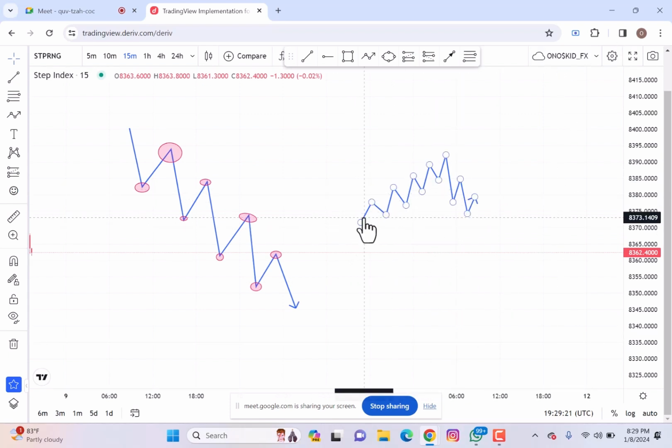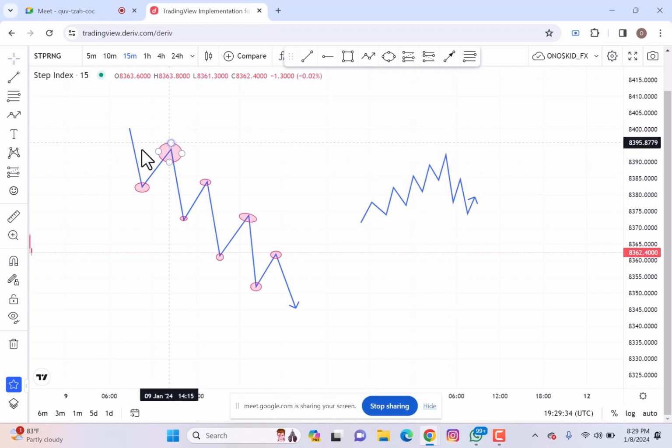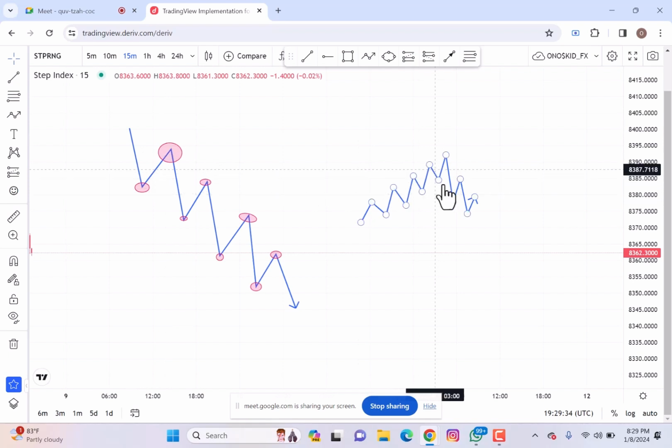So you see the market creating a series of a low, a high, a higher low, higher high, higher low, higher high. Then it will get to a point, this pivot point, and what you will see is that the market will create something like this and cause a change of character. This is what we call change of character.